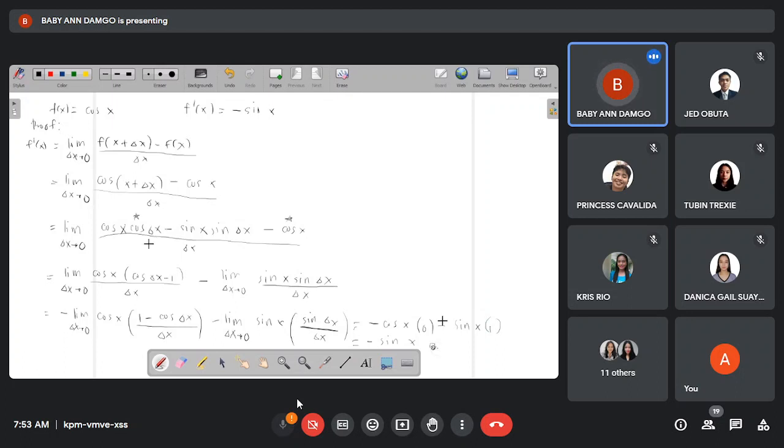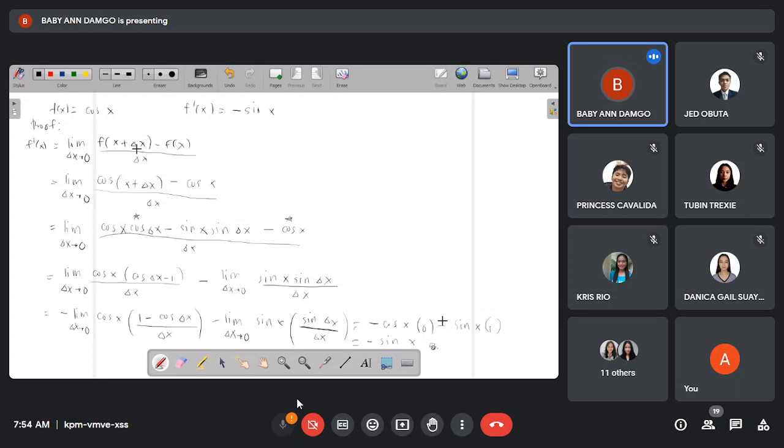Okay, so balik ha. So, we have f of x which is equal to cosine x. So, i-prove nato nga ang derivative is negative sine x. Okay? So, by the definition of the derivative of a function f, f prime of x is equal to sa kani. Okay?